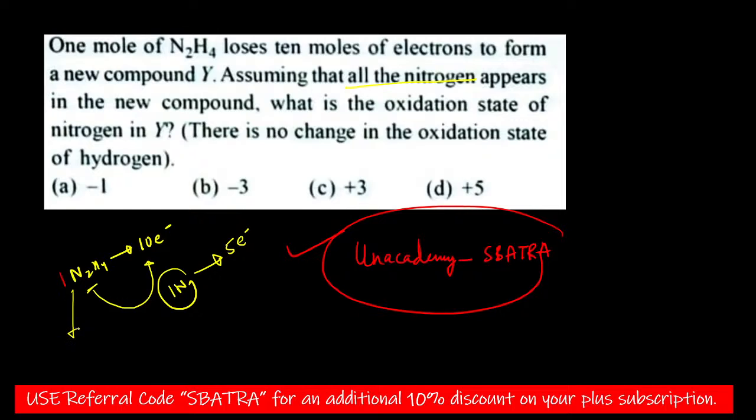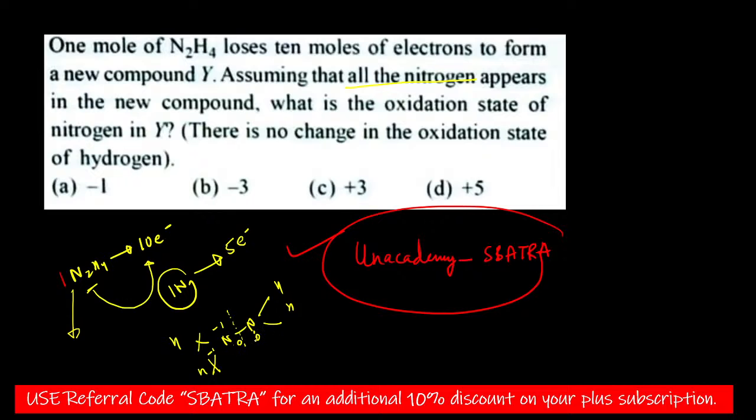See, let's calculate the oxidation state of nitrogen. What is N2H4? You have N2H4 like this. Which is more electronegative, nitrogen or hydrogen? Definitely nitrogen is more electronegative, so you write minus 1 for each N-H bond. For the nitrogen-nitrogen bond it is 0.